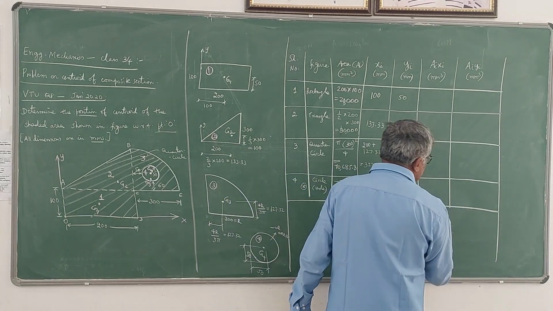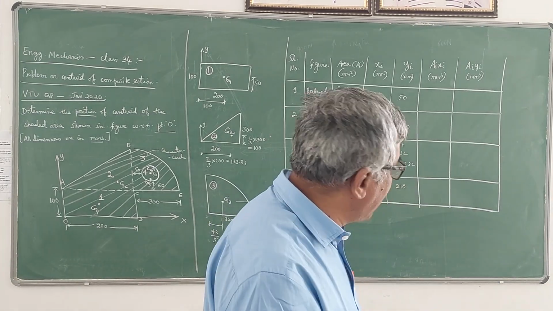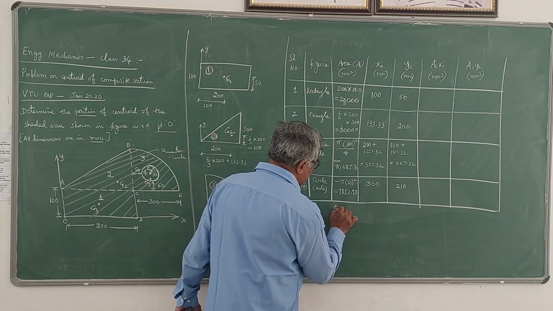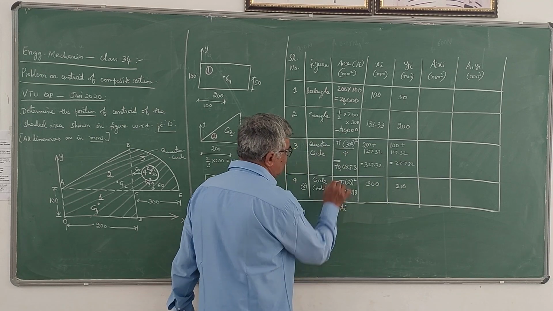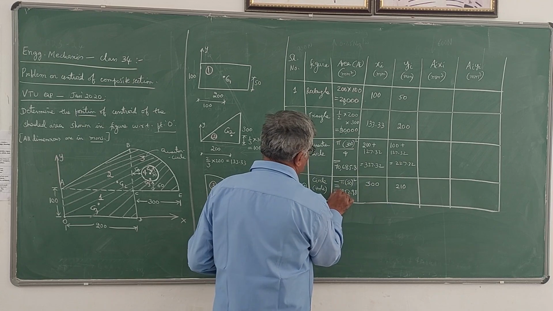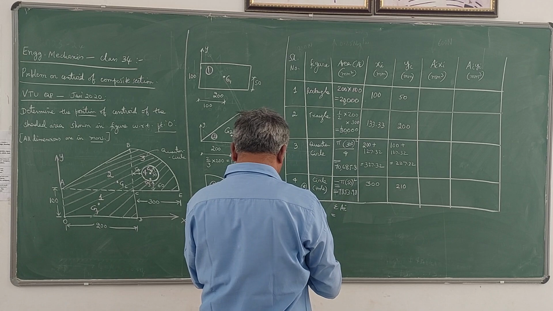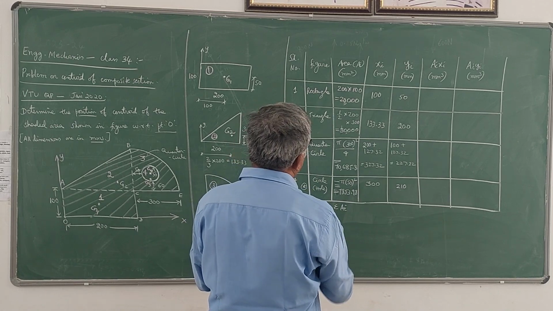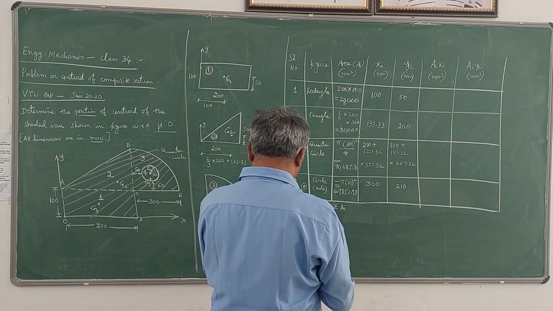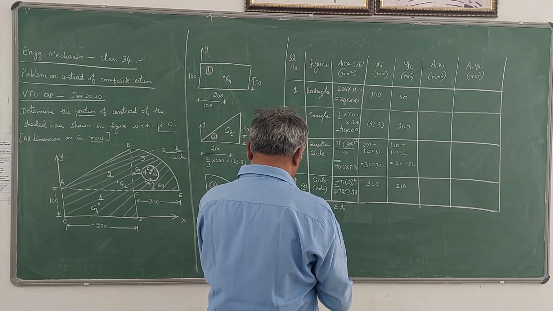Now once you get these areas, x values, y values, all those things, now you can calculate the product. Product is AiXi and AiYi. So calculate the products and then we have to add them to get the sigma values. Here I need the sigma Ai value also. The first three values are positive, last value is negative. So 20,000 plus 30,000 is 50,000. 50,000 plus 70,685.8 minus 7853.98.